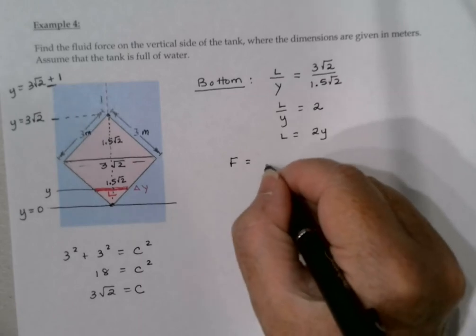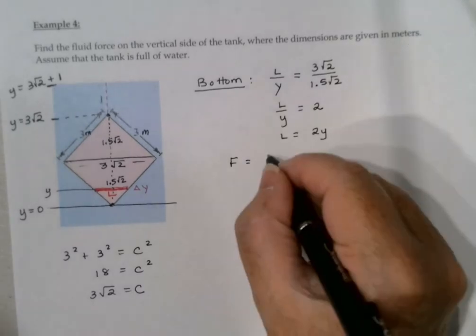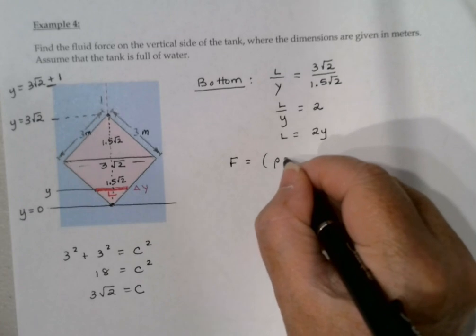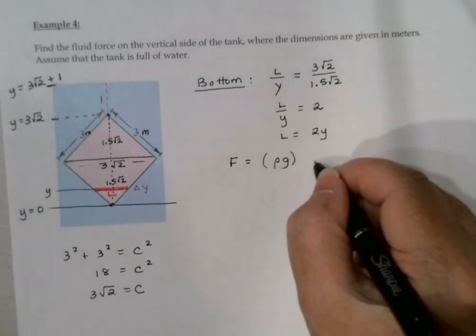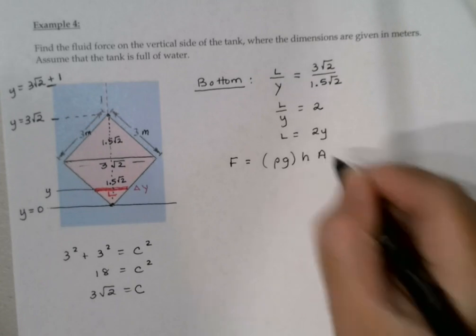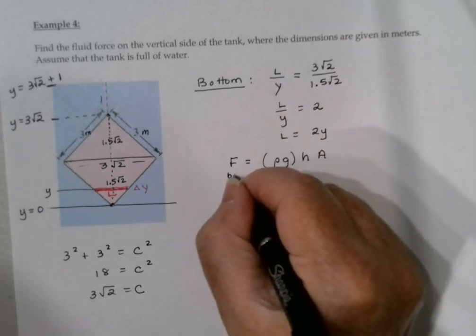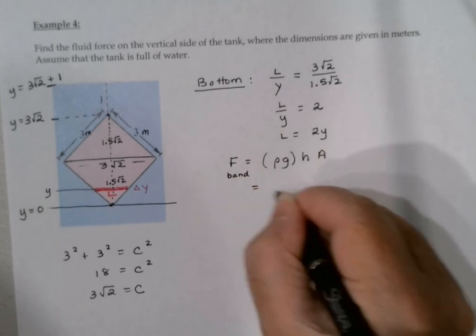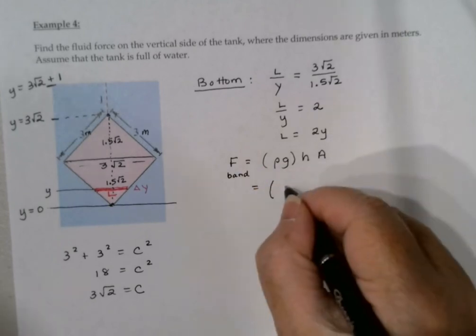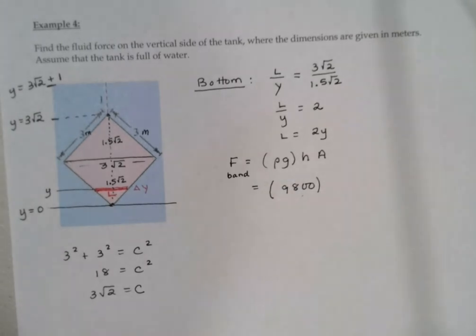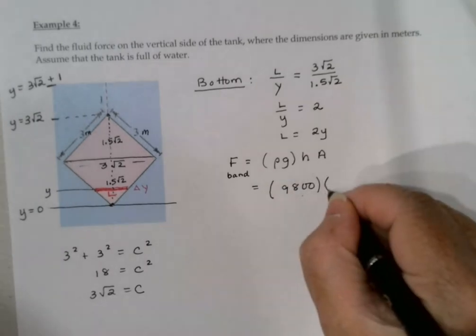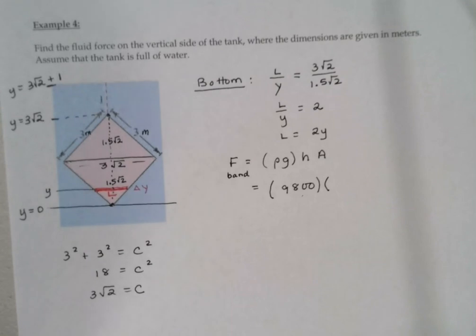F equals, in international systems, rho g for my weight density, mass times acceleration, times the depth, times the area, and this is going to be just for that little band. We've seen it before, it's going to turn out to be 9,800 when I multiply that. What about the height? That's actually the depth of water.